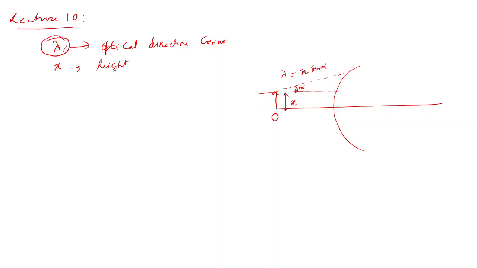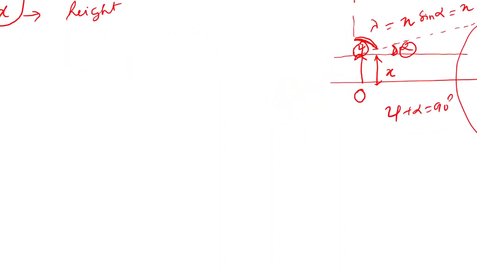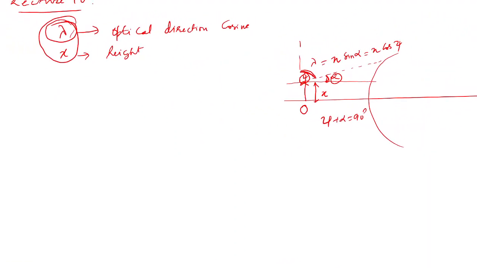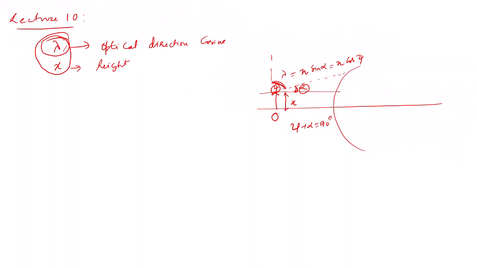Or if the angle perpendicular to that is psi, you can also call it n cosine psi. The psi plus alpha are equal to 90 degrees. So we use this set of coordinates denoted by lambda and x to come up with the matrices.